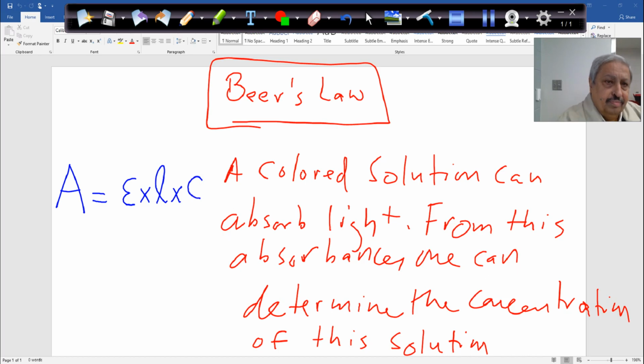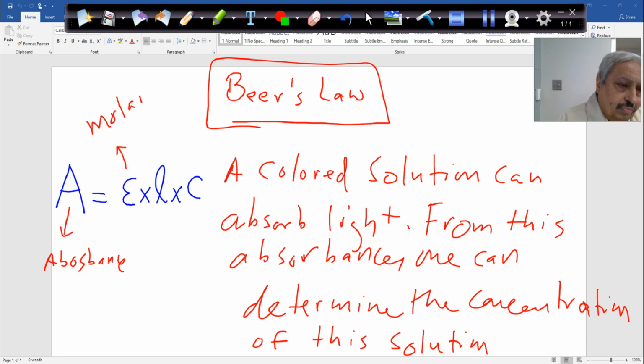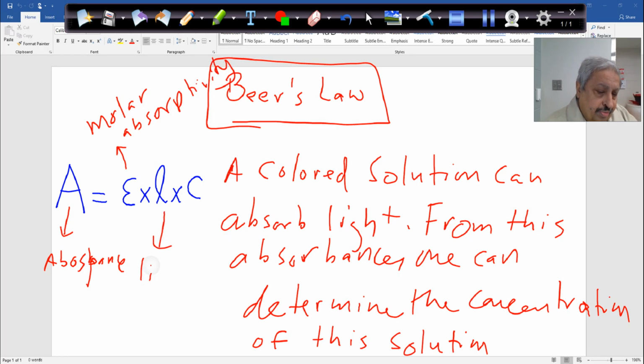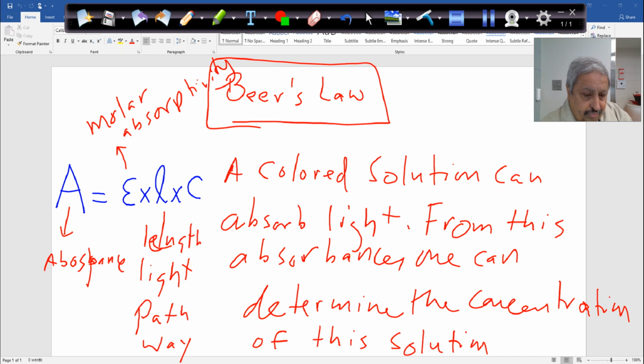This is absorbance, this is molar absorptivity, this is the light pathway length, and this is the concentration.